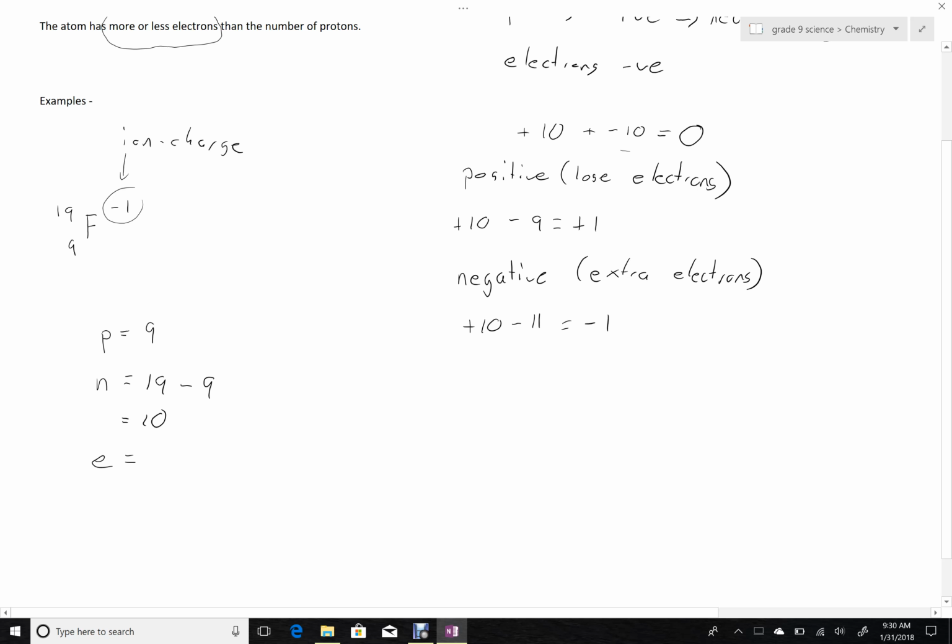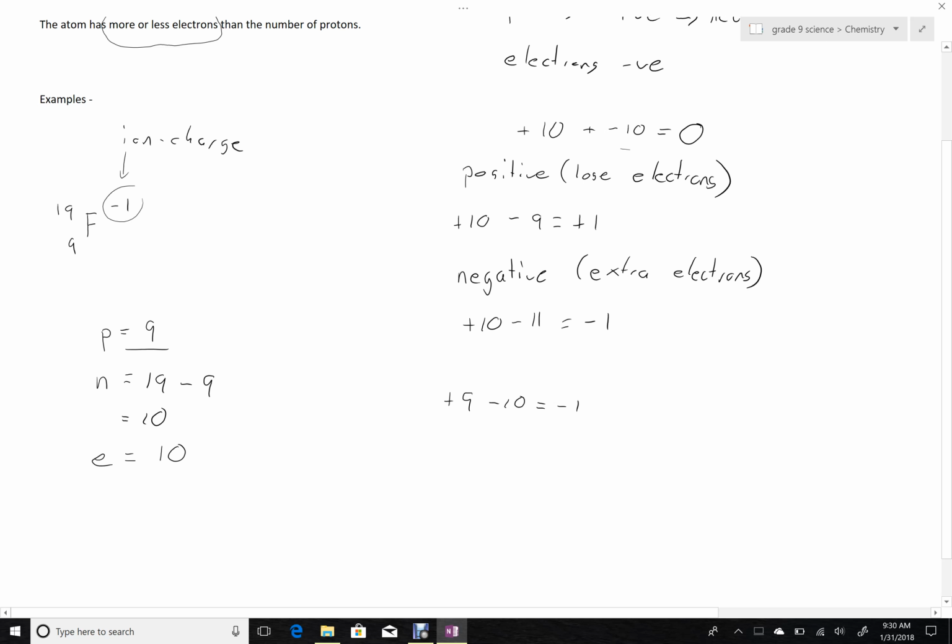My charge is -1, which means if I have 9 protons, I have 9 pluses, then how many electrons would I need to get up to a charge of -1? Well, -1 means that the electrons are winning, and they're winning by 1, so they must have scored 10, or there must be 10 of them. Or plus 9 minus 10 results in my charge of -1.